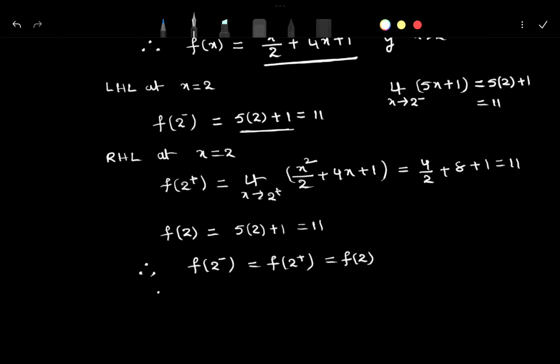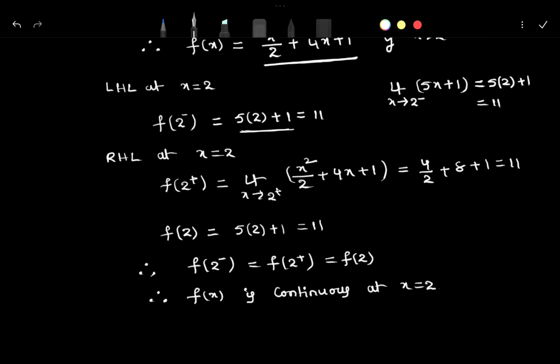So therefore the conclusion is that f of x is continuous at x equals 2.